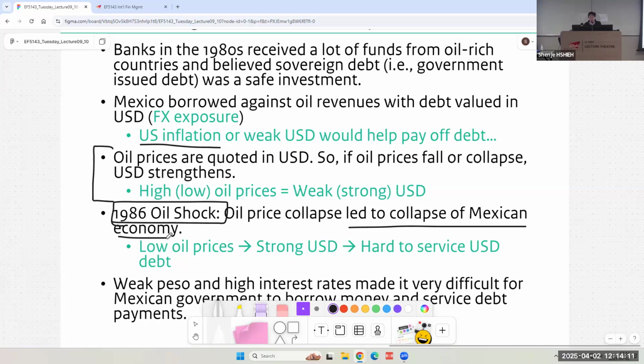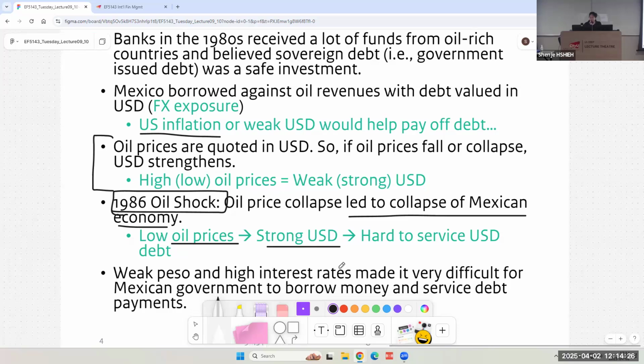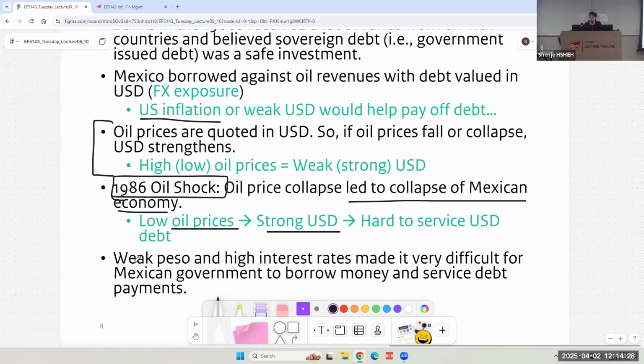The problem arises because lower oil prices mean a stronger dollar, meaning it's more expensive to buy dollars with pesos now. Now they're running out of money to service their debt. So your job is to help the Mexican government restructure the debt, swapping out the old contract denominated in US dollars for something else that's collateralized with US treasuries. That's the big picture idea.